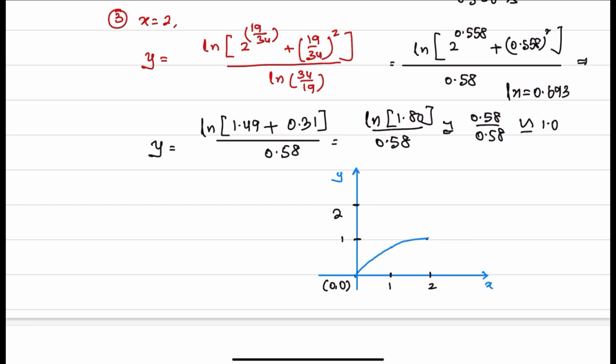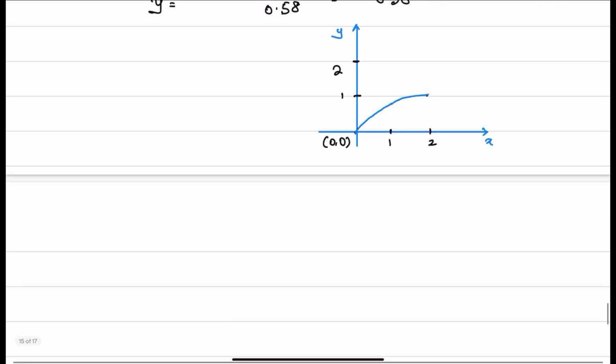Now, let us try for asymptotes. Is there any asymptote available? At higher values of x, how does it behave? Like infinity. 3 points on the curve we have got and we have drawn the shape of the curve.